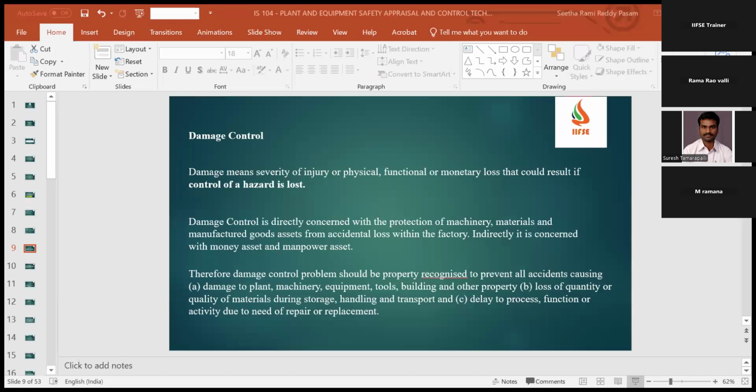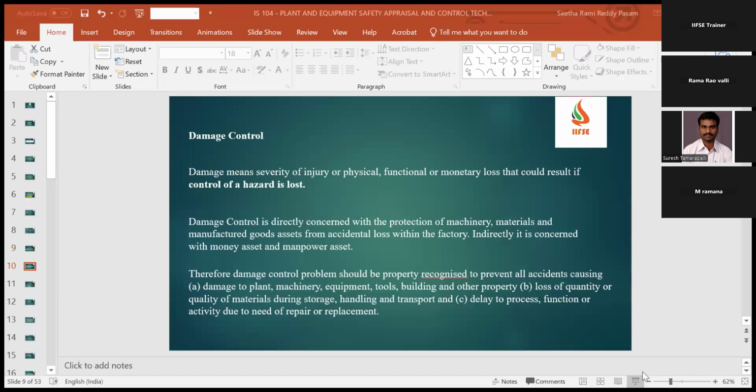So we'll see the benefits of a damage control scheme. If you do proper controls, what benefits will you get? Reduction in potential accidents, and also the chance of injury accidents, reduction in severe injuries, production delays, and the cost of maintenance, then detection of unsafe conditions and unsafe actions which may contribute to injuries, increase of quality control, profit importance, and also status of safety organization, awareness of supervisors and management to control property damage, also suggestions of remedial measures to prevent the reoccurrence.